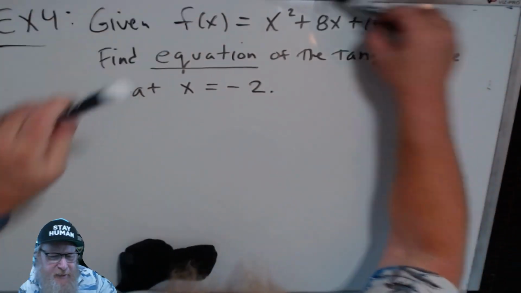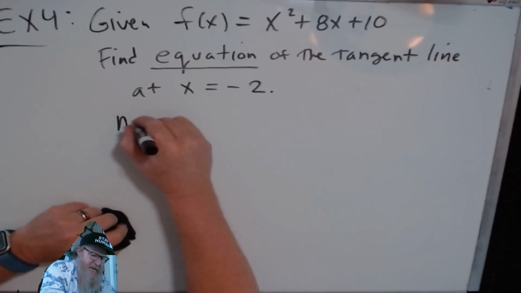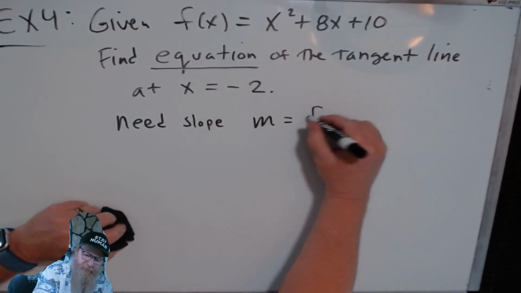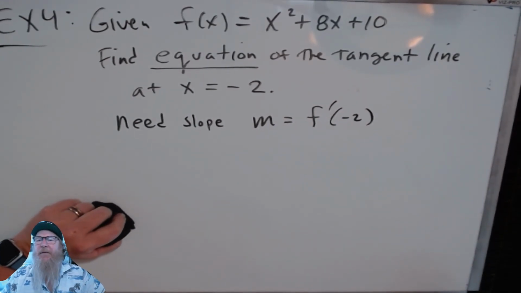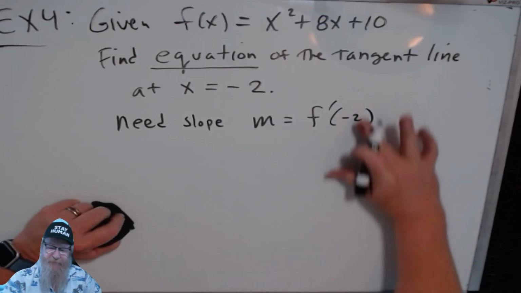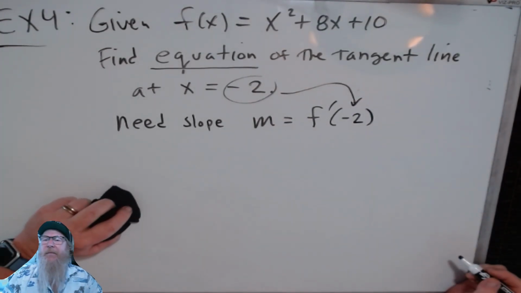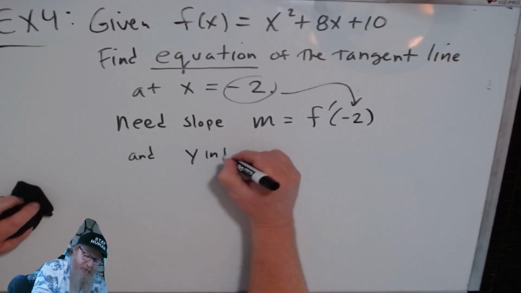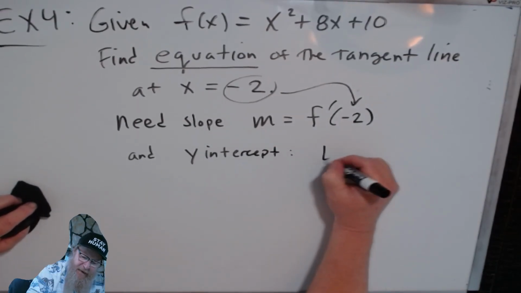So let's get into this. First we need slope. That'll be f prime of negative 2 because my x is negative 2. And the y-intercept, which is b.